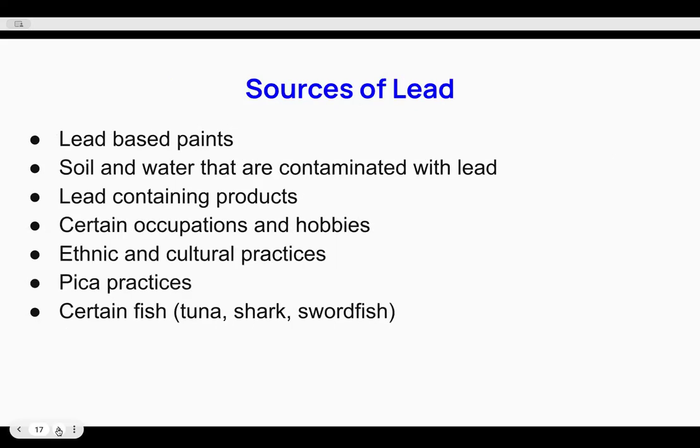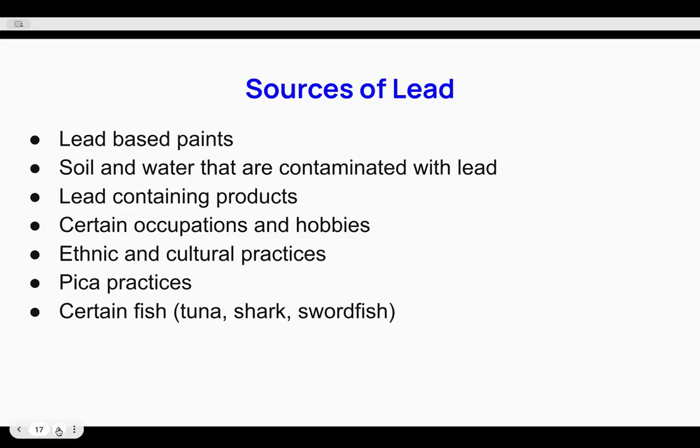Sources of lead: lead-based paints, soil and water that were contaminated with lead, any lead-containing products, and believe it or not, sometimes women's makeup contains lead. Certain occupations and hobbies are more at risk for absorbing lead.